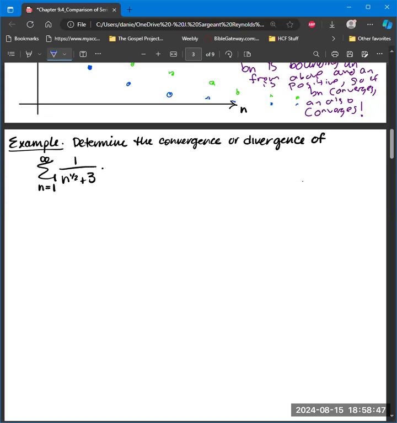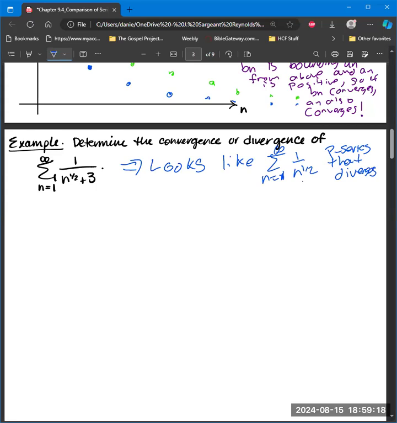So let's look at this series 1 to infinity of 1 over n to the 1/2 plus 3. And it looks like the series n equals 1 to infinity, 1 over n to the 1/2, which is a p series that diverges, right?